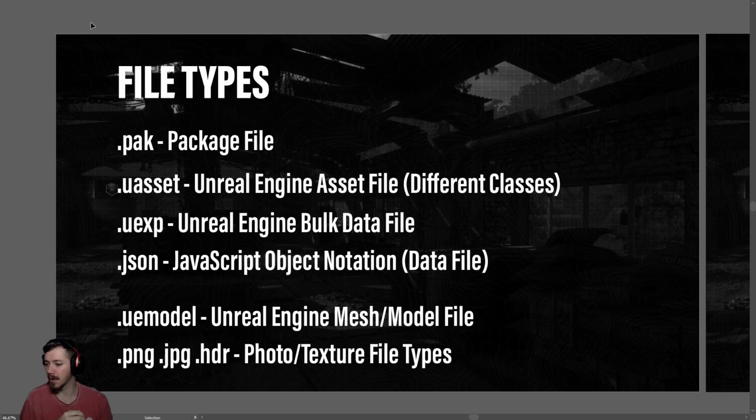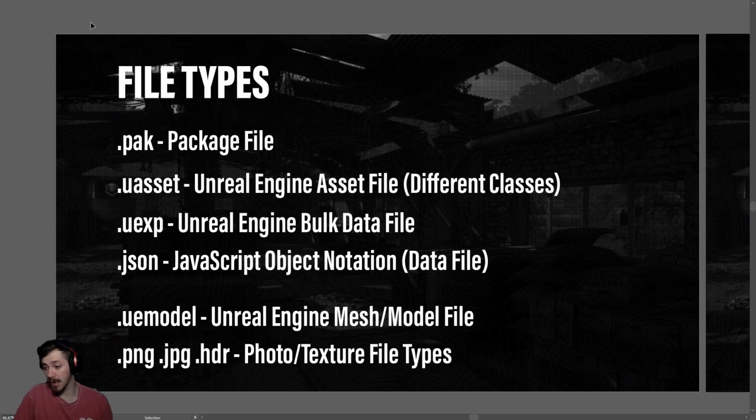Obviously, you probably know what PNG and JPEG are, those are pictures. Another one you might see in Unreal is .hdr. That's an image file, a compressed HDR file. There's some funky stuff we'll have to do when we get into that, but those are those.